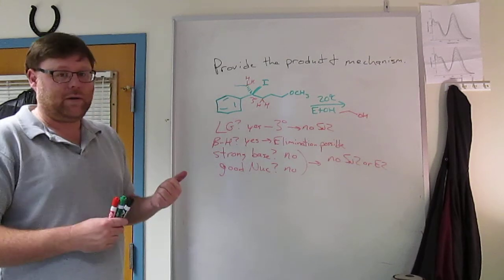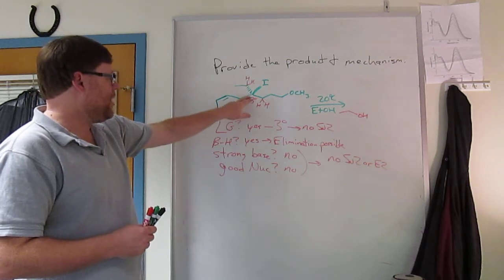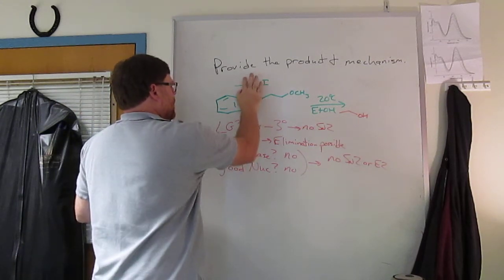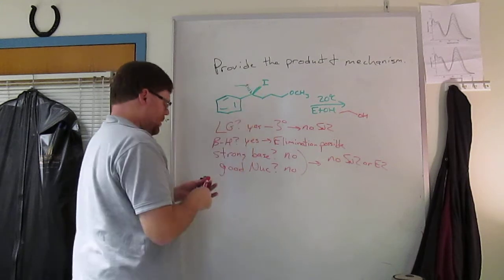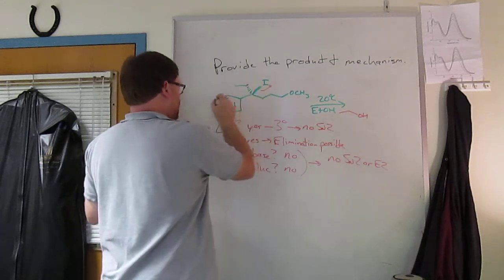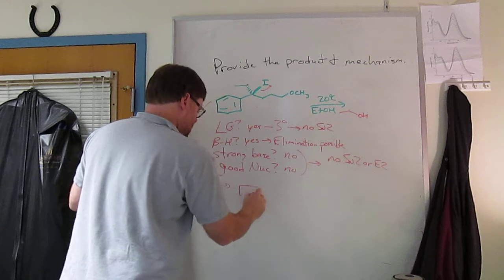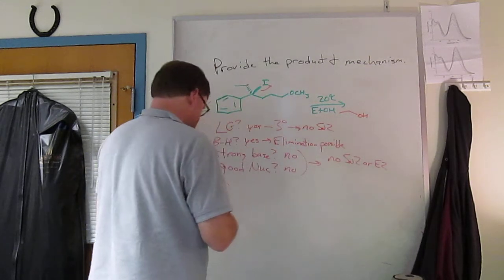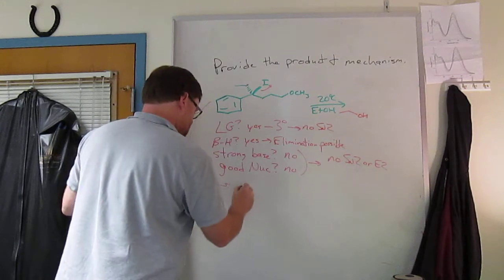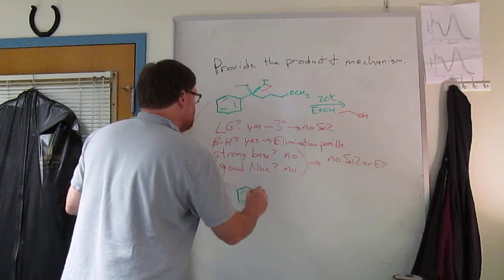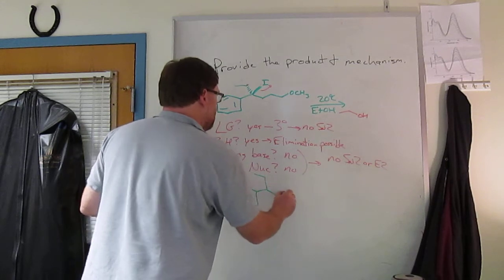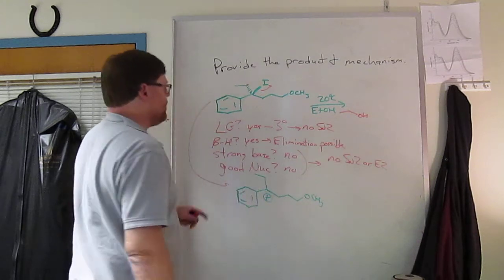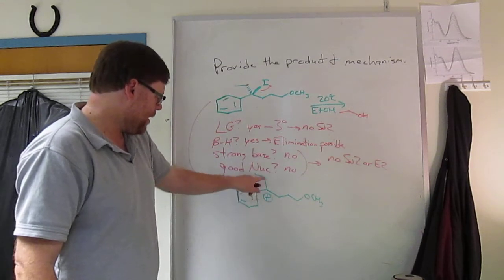And you can do SN1 with a tertiary iodide. As a matter of fact, if the iodide leaves, we get a tertiary carbocation, right?